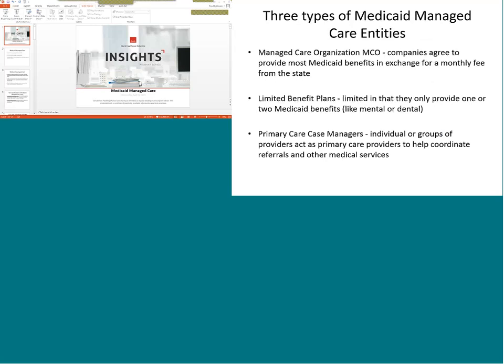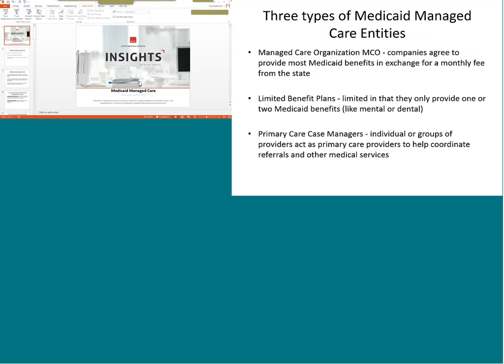There are three types of Medicaid managed care entities. One is the MCO, which is the most dominant. There are limited benefit plans, and there are also primary care case managers, which are simply gatekeepers that provide referrals to medical services.